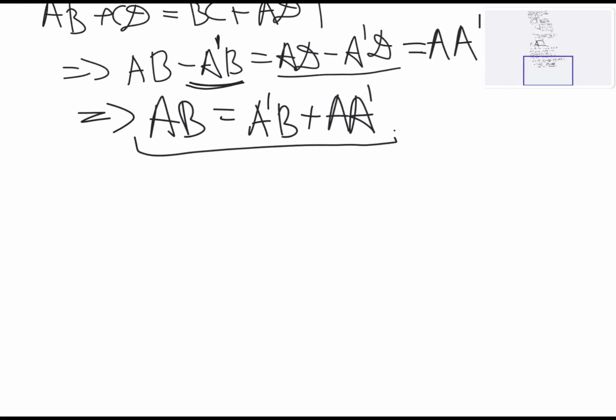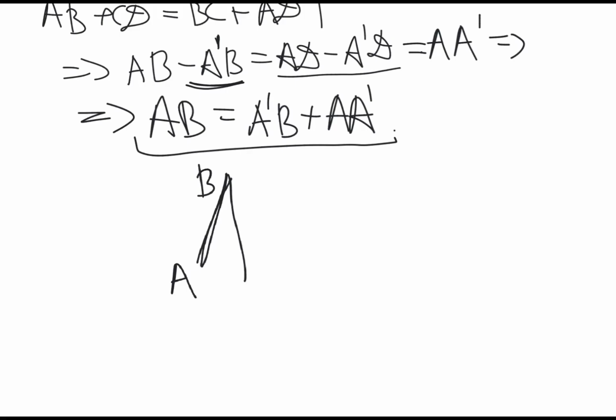Just to draw separately, we have the segment AB here, and this is AA prime. So AB is equal to A prime B, this, plus AA prime.